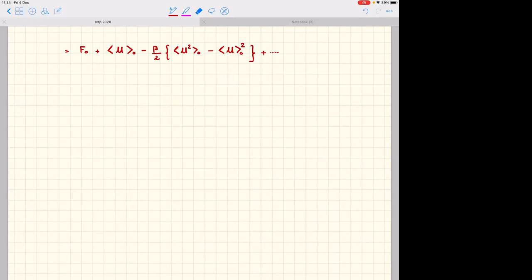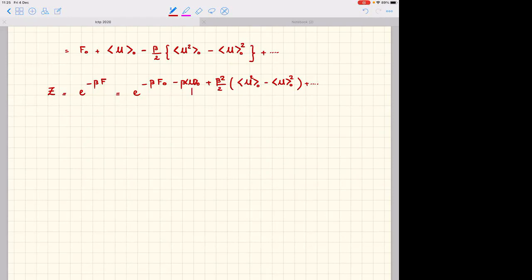All right. So in other words, what I'm discovering is that my partition function can actually be written, if I remember that the partition function is e to the minus beta F, as e to the minus beta F naught minus beta average of U naught plus beta squared over 2 times the average of U naught squared minus the square of the average of U naught, plus etc., etc. Now, if you look at this, this is exactly like an expansion in cumulants of the cumulant generating function in probability theory.